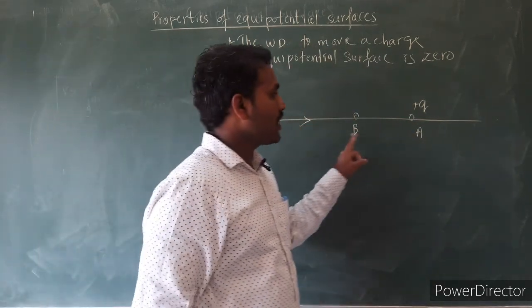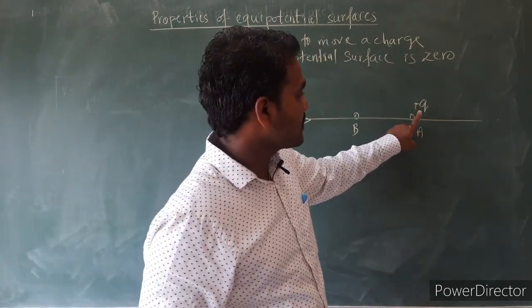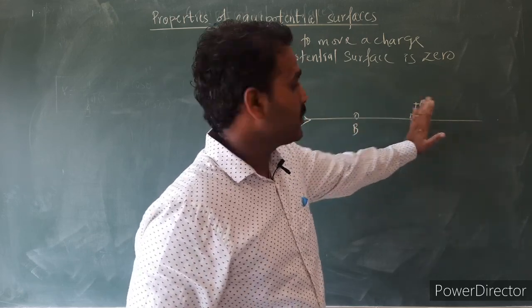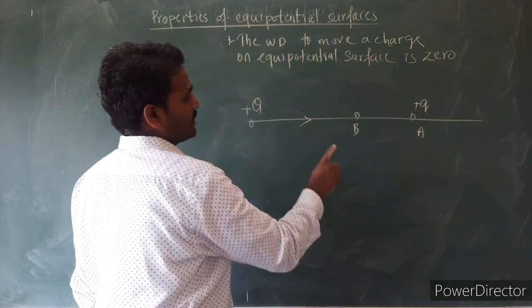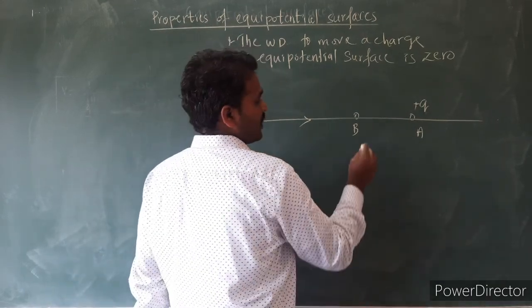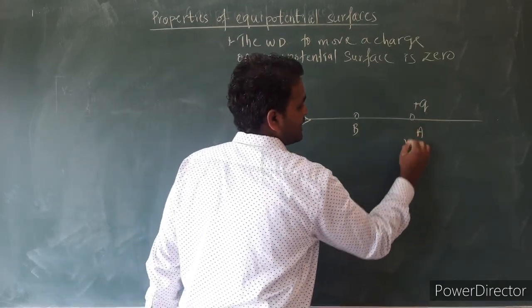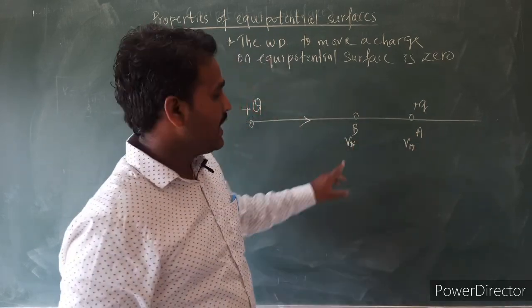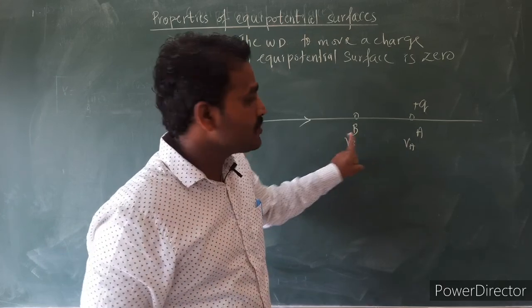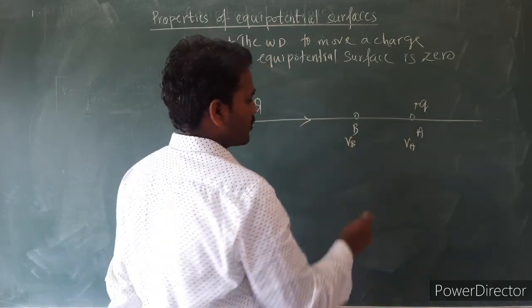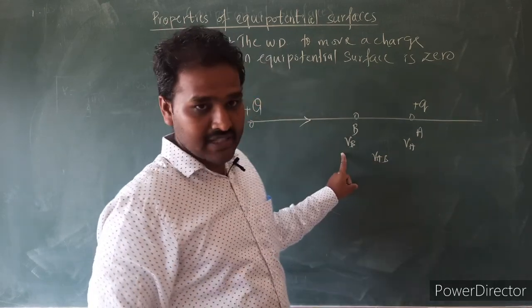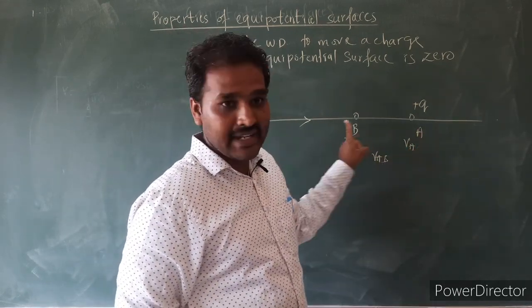So if I want to move this test charge of magnitude plus q from A to B, what is the work done? If the potential at A is VA and the potential at B is VB, the potential difference between these two positions I write as VAB. VAB is the potential difference between the points A and B.